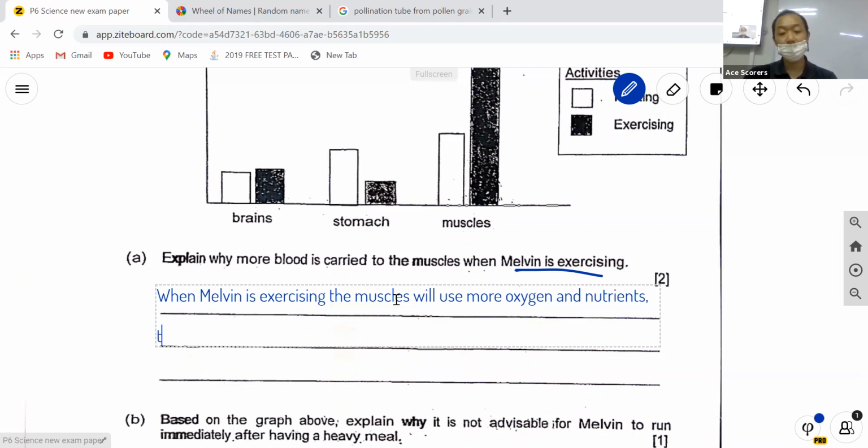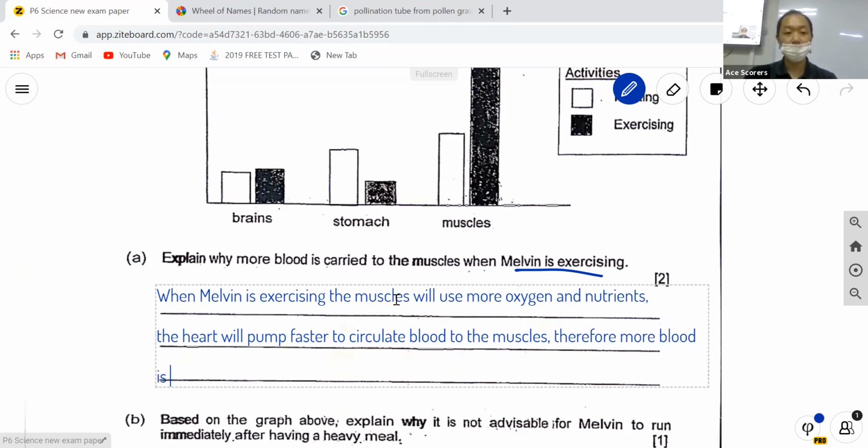So the heart will pump faster to circulate blood to the muscle. Therefore, more blood is carried to the muscle. So that's the reason.